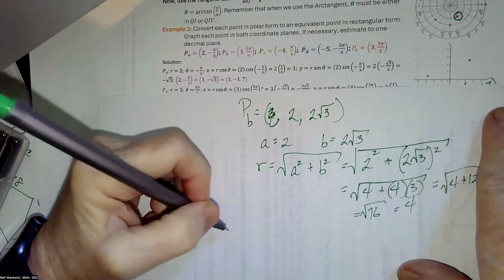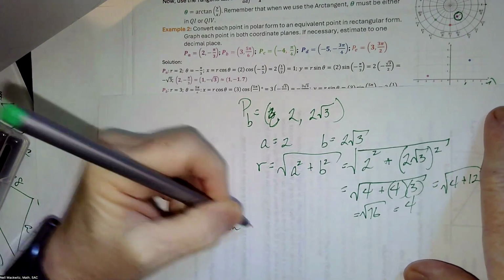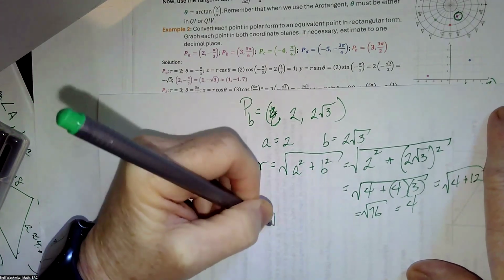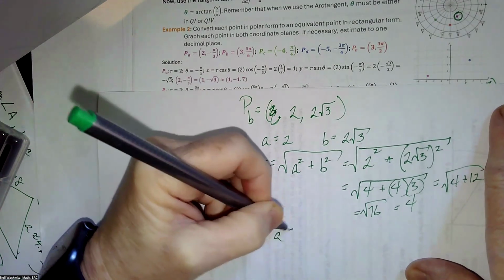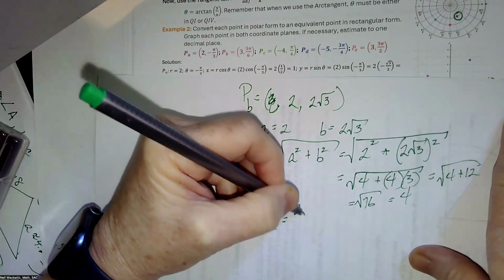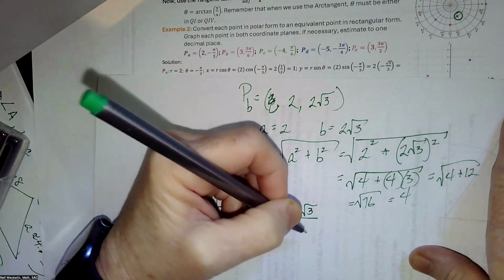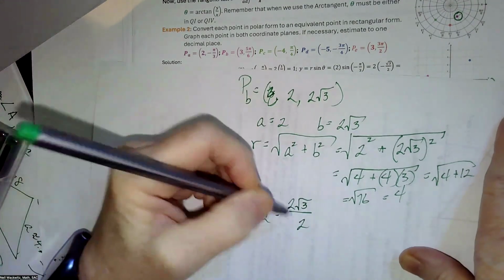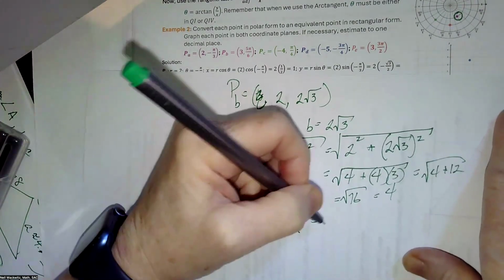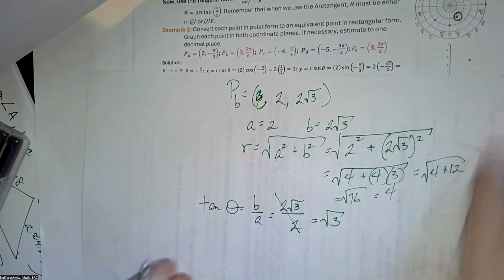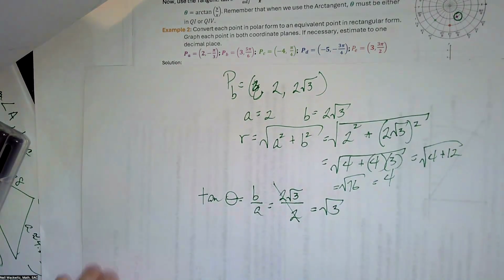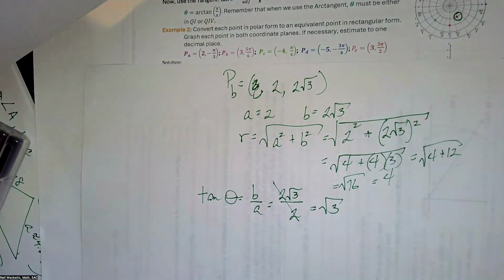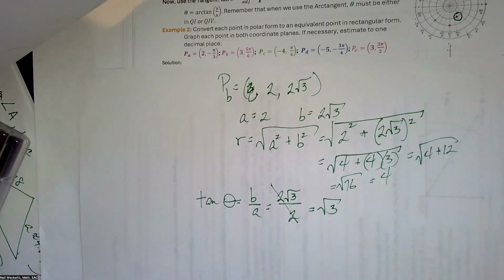And let's see, the tangent of theta is b over a. B is 2 square root of 3. A is 2. So the 2's divide out. We get square root of 3. We must be in quadrant 1 because this is positive. And which angle has a tangent of square root of 3?